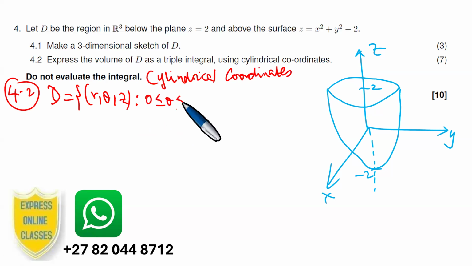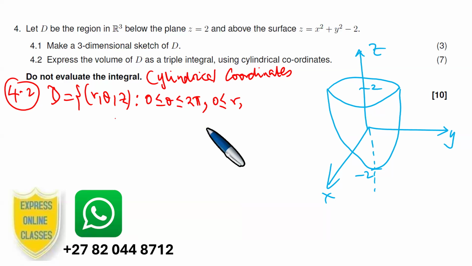So that 0 is less than or equal to theta less than 2 pi. And then 0 is less than or equal to r.